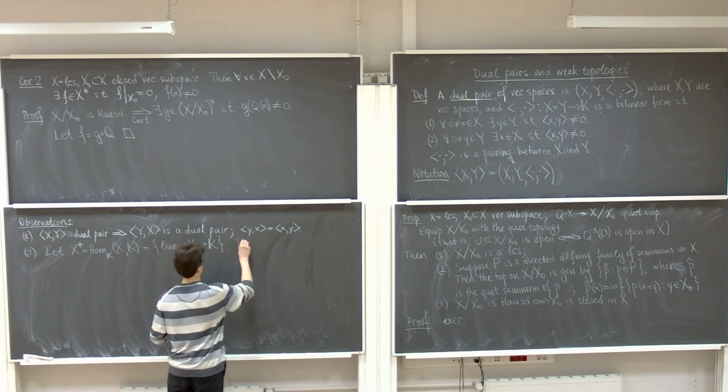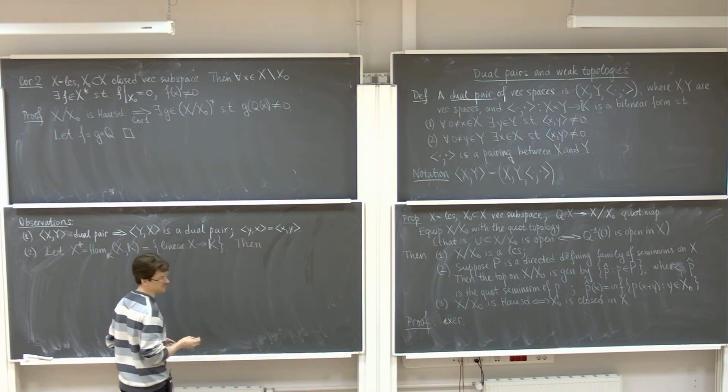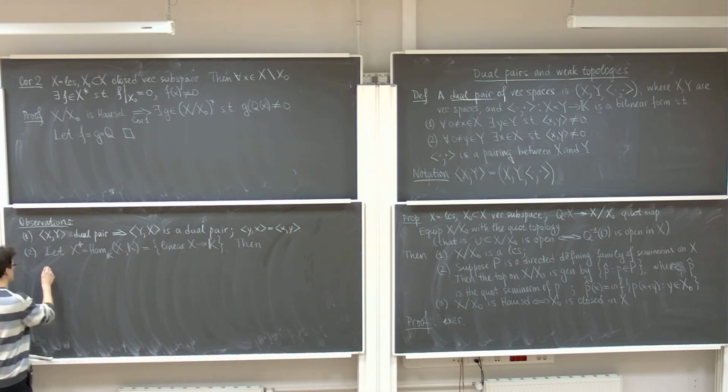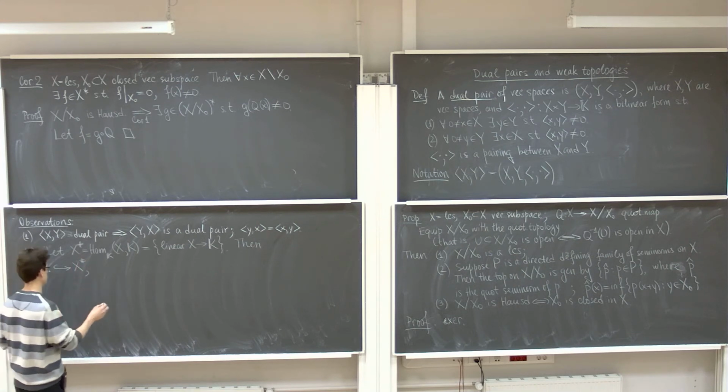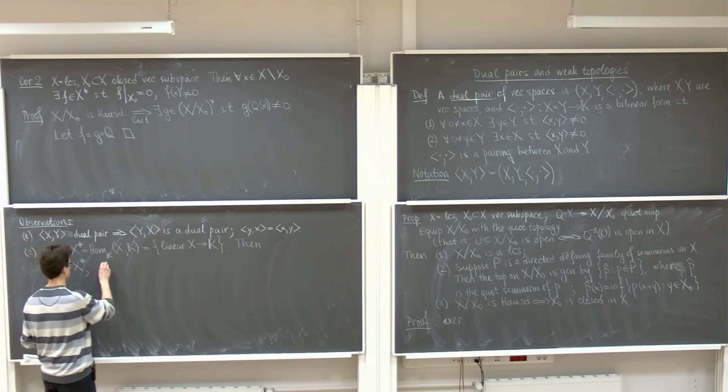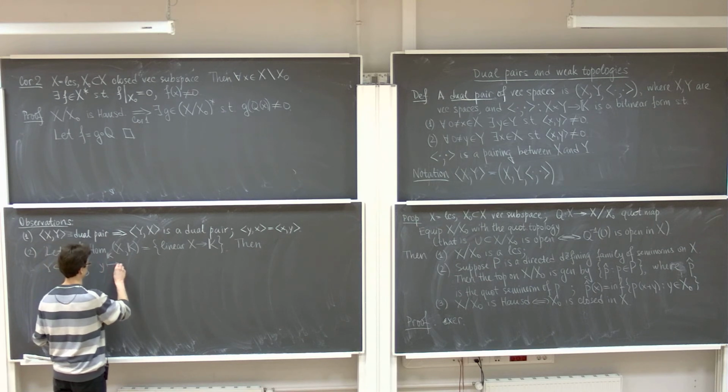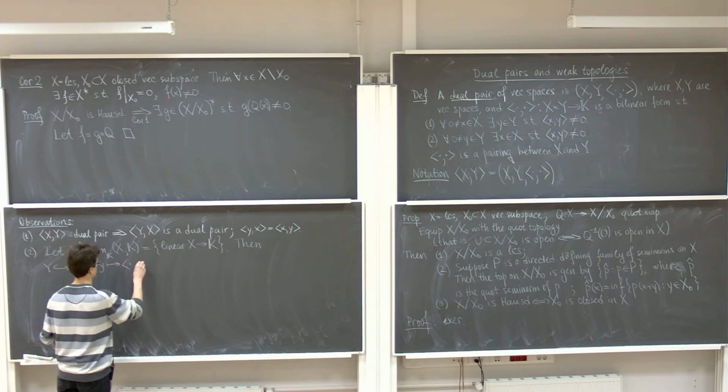Then the observation is that if we have a dual pair, then y becomes a subspace of the algebraic dual of x by means of the following embedding. So each vector little y goes to the following linear functional on x.